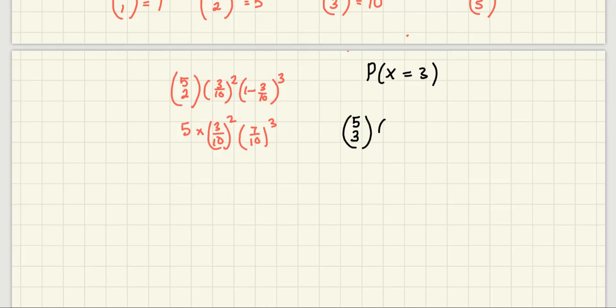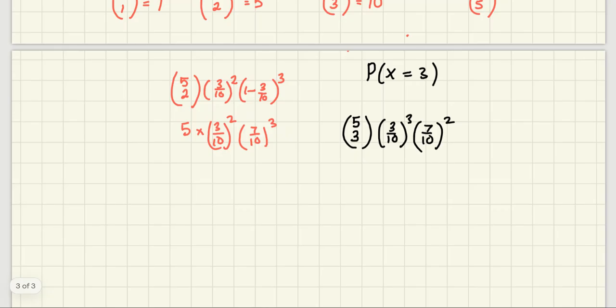The probability that we get 3 reds is (3/10)^3, and therefore the other end of it is (7/10)^2. So then we've just got to evaluate that.